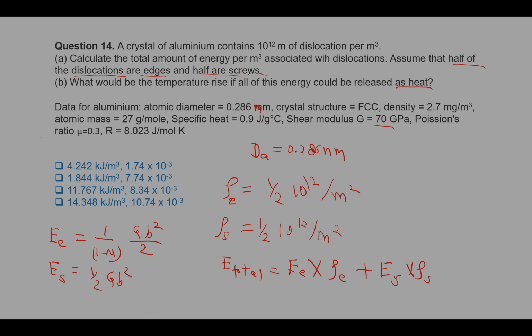B value, since it is an FCC crystal structure, so B value will be d A by root 2.